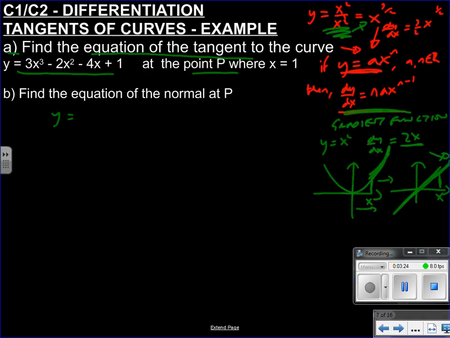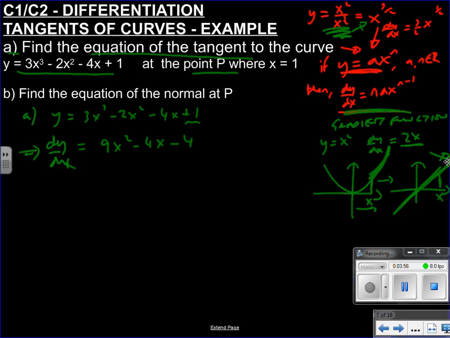So I've got, for part A, y equals 3x cubed minus 2x squared minus 4x plus 1. So therefore, dy by dx, power comes down, 3 times 3 is 9x squared, the 2 comes down to make 4x, minus 4, because remember that's x to the 1, the 1 comes down, and that leaves x to the 0, and anything to the power of 0 is 1.